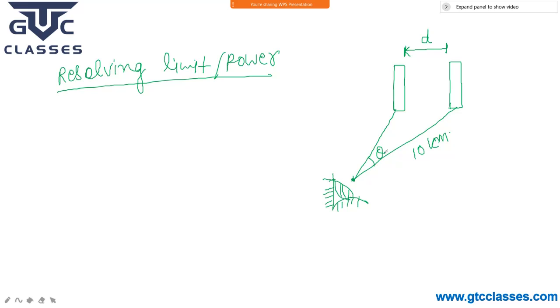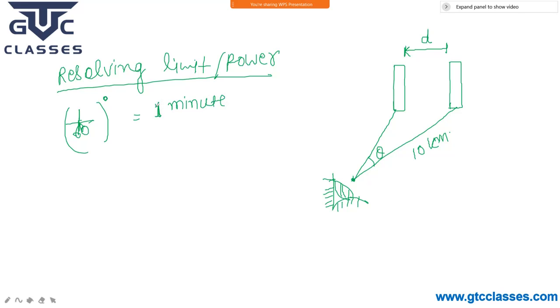Now what we would like to understand is the resolution power. Our eye's resolution power is 1 by 60 of a degree, that means 1 minute.